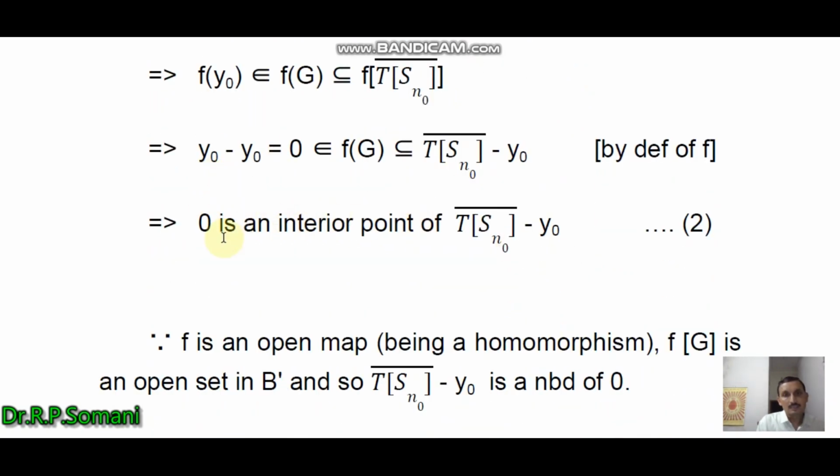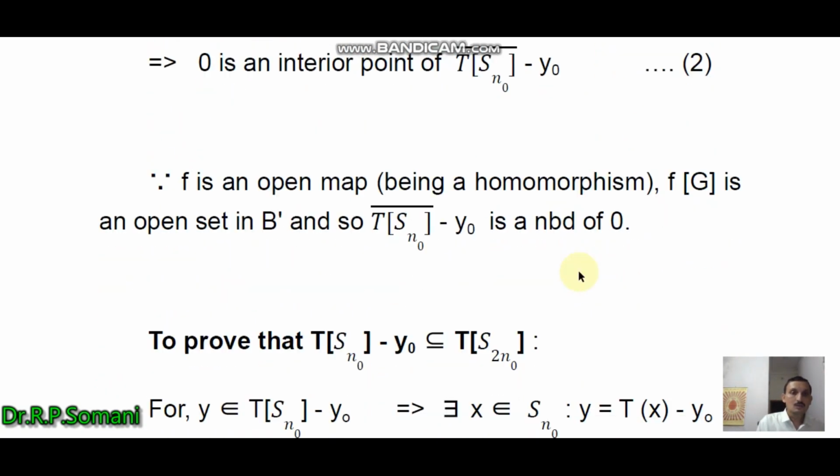Therefore 0 is an interior point of the closure of TS_n0 minus y0, and we denote this as equation 1. Now, because f is an open map, being a homeomorphism, f(G) is an open set in B', and so the closure of TS_n0 minus y0 is a neighborhood of 0.